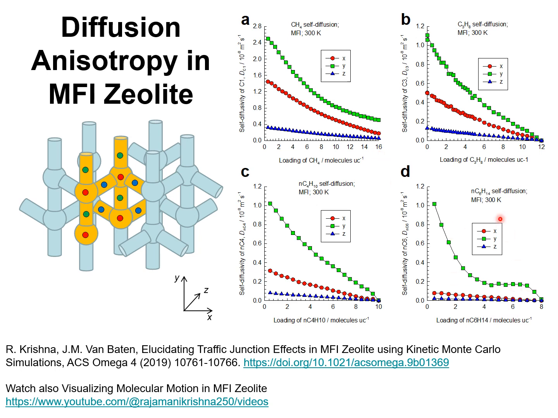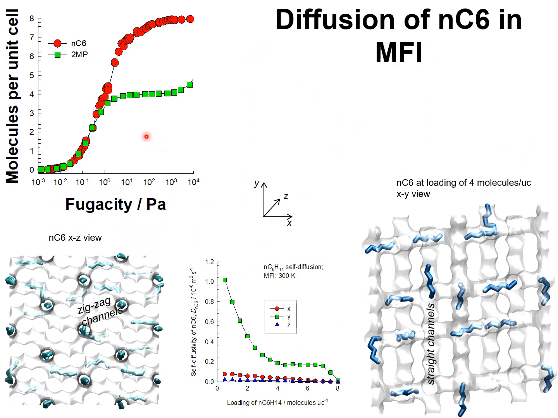Let's first examine normal hexane, and see why the diffusivity reduces to 0 at 8, and also why the diffusivity in the y direction is so much higher than the diffusivity in the x and z direction. Here I show the adsorption isotherms for normal hexane and its isomer 2-methylpentane.